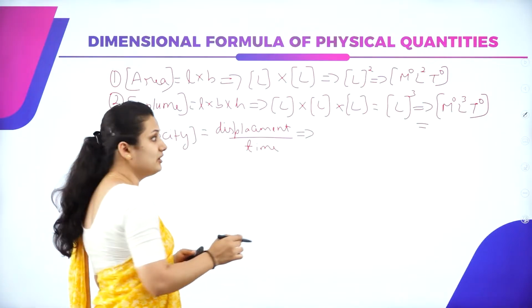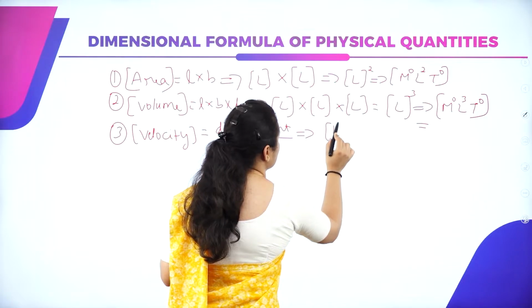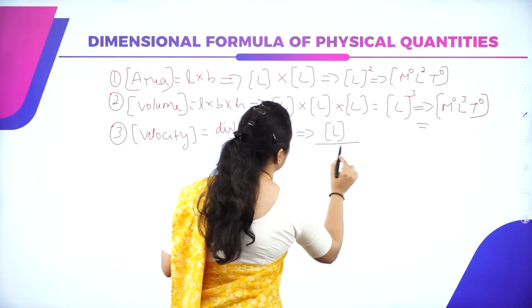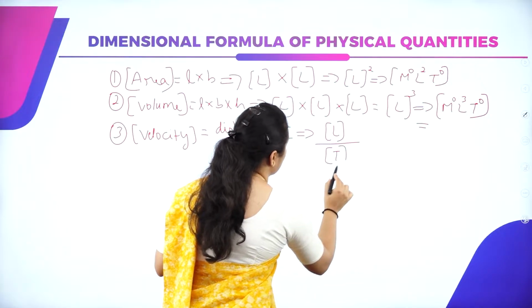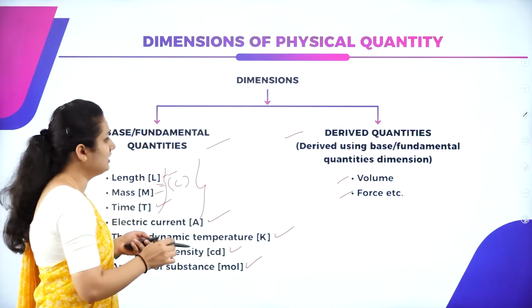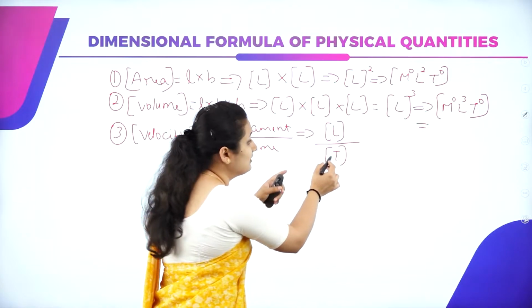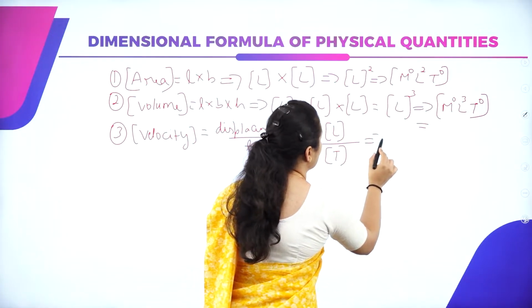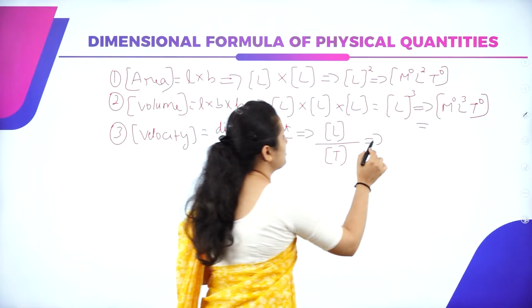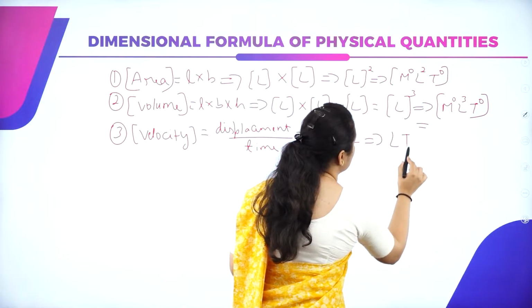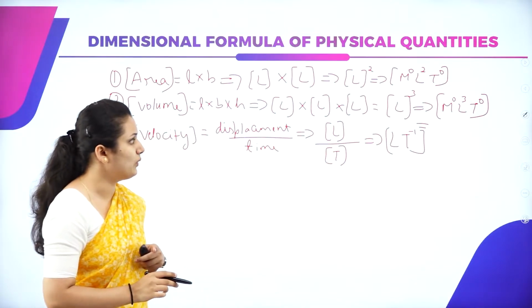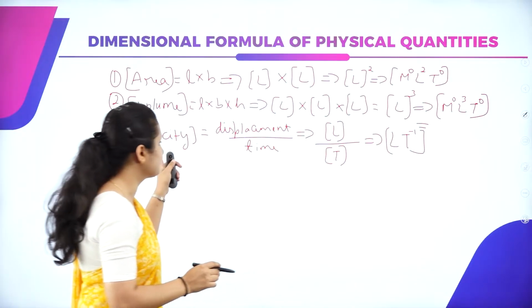Displacement is given in terms of L. Displacement and distance are nothing but length, L. Time is represented by capital T within the square bracket. When T in the denominator goes to the numerator, what will it become? T to the power minus 1. So L T to the power minus 1 is the representation for velocity.